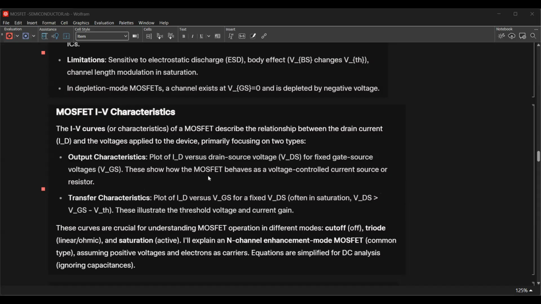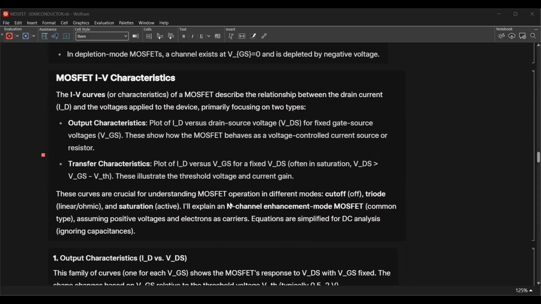This shows how the MOSFET behaves as a voltage-controlled current source or resistor. And the transfer characteristic, the plot of drain current versus the voltage between the gate and the source for a fixed VDS.